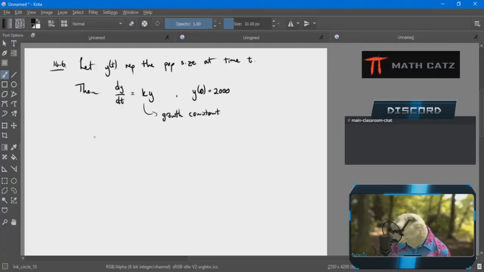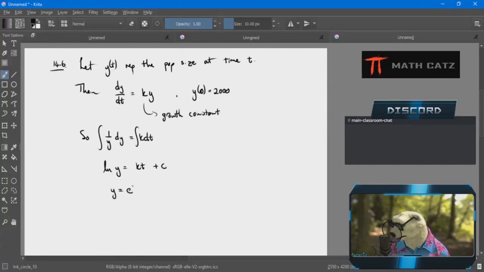So the first part is always going to be, how do I solve the differential equation to get my function, or at least show how that is done, to then continue with the rest of the question. And the nice thing is that that's always the same. So I separate the variables, and k is unknown in this case for a while. I integrate, I get the natural log of y equals kt plus my integration constant.